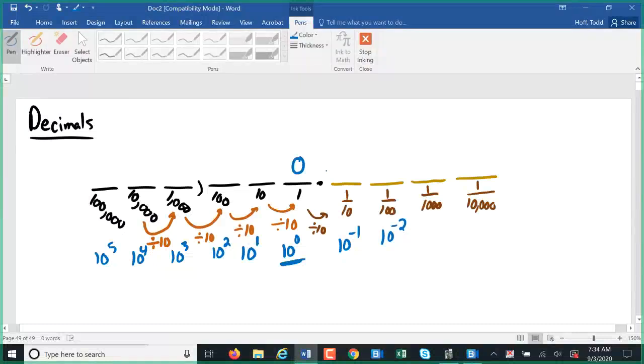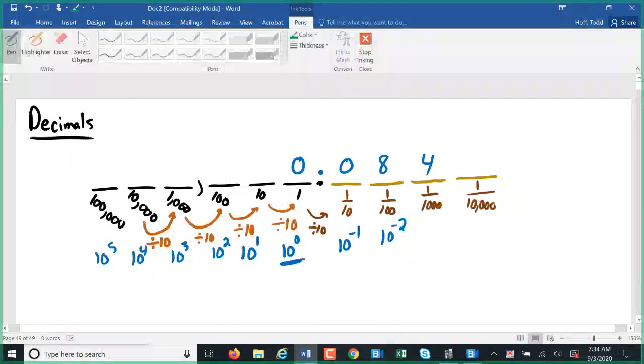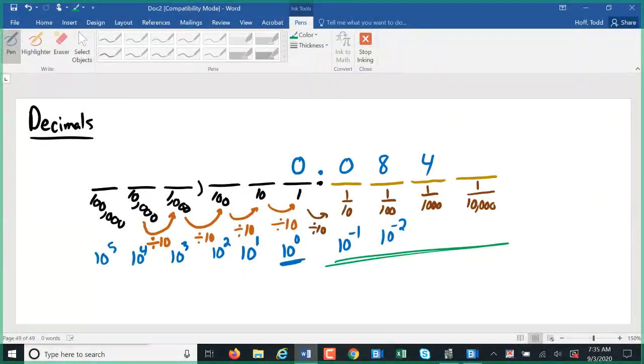So if I have 0.084, now you might be looking at these decimals, these place values here, thinking, boy, those look suspiciously like fractions. Because that's exactly what they are. Decimals are nothing more than a shortcut way of writing fractions that have a particular denominator.